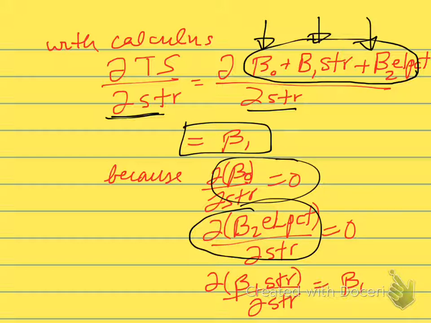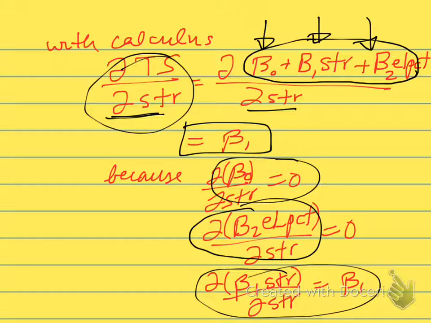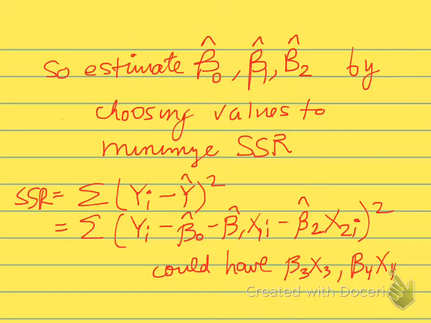That's our conceptual assumption, that it doesn't vary when we ask what the effect would be of a change in student-teacher ratio holding English language learners percent constant. So that's equal to 0. So the partial derivative of test scores with respect to student-teacher ratio is indeed equal to beta 1.